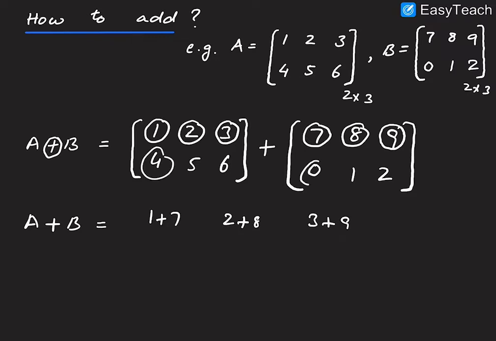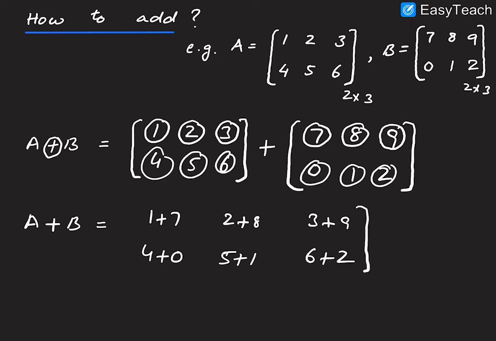Similarly 4 plus 0, 5 plus 1, 6 plus 2. Now you can see 1 plus 7 is 8, 2 plus 8 is 10, 3 plus 9 is 12, 4 plus 0 is 4, 5 plus 1 is 6, 6 plus 2 is 8.